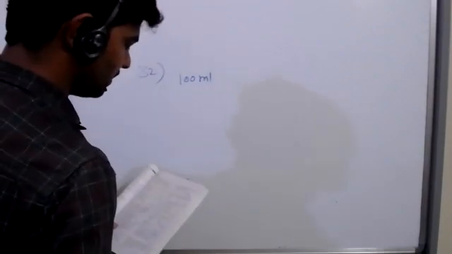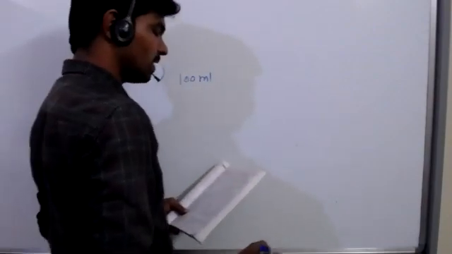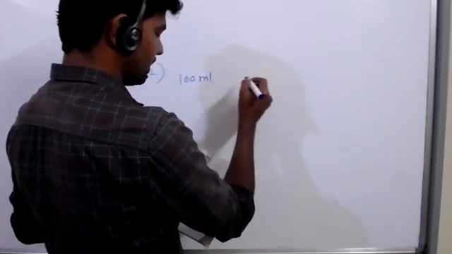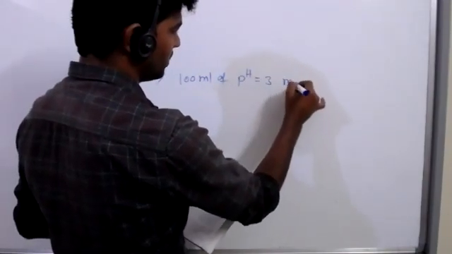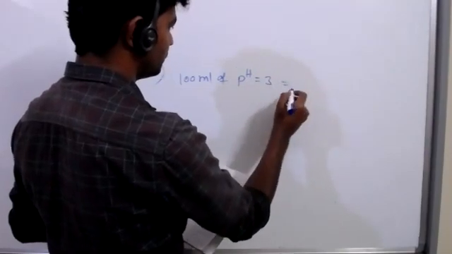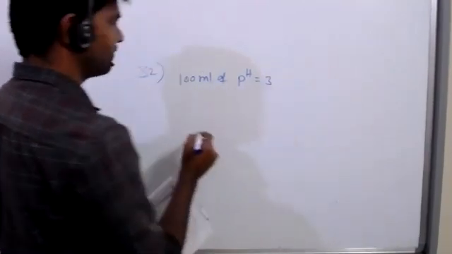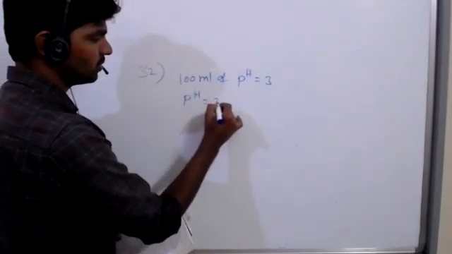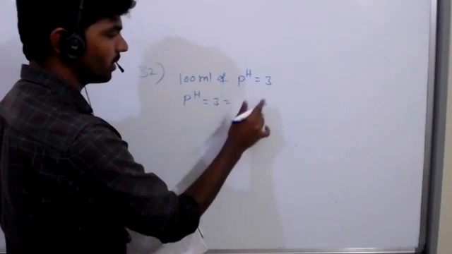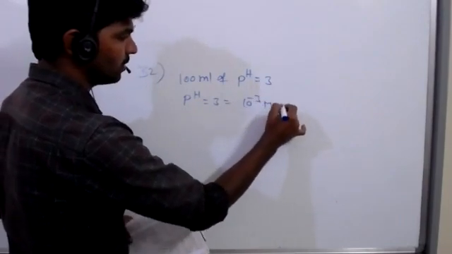You need to understand that pH equal to 3 means H plus concentration is 0.001, that is 10 power minus 3 M of H plus.